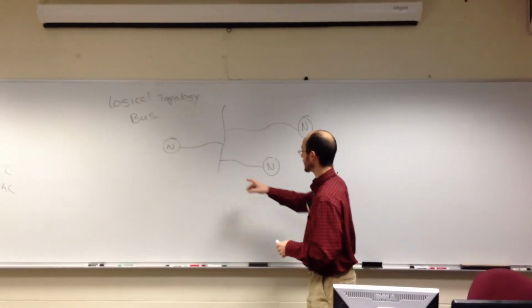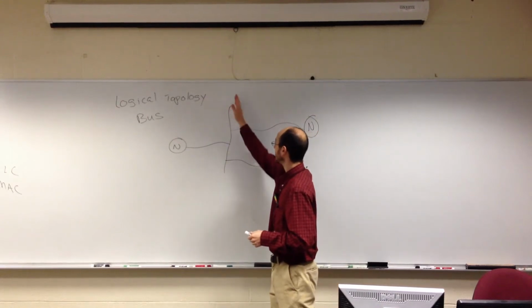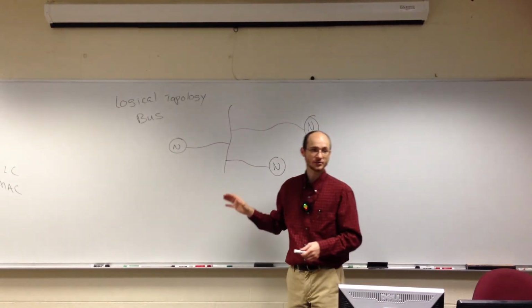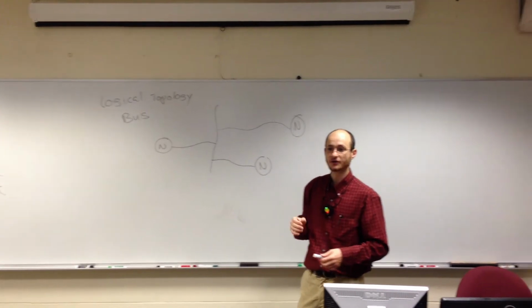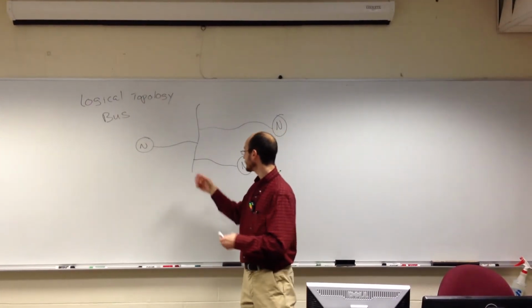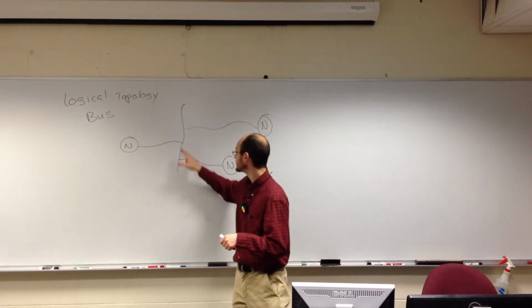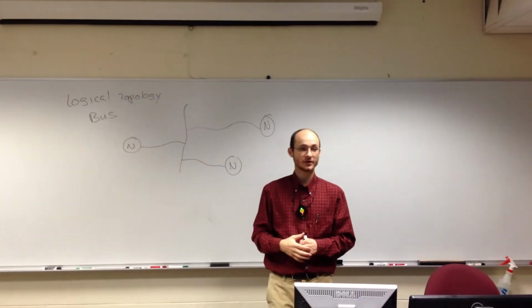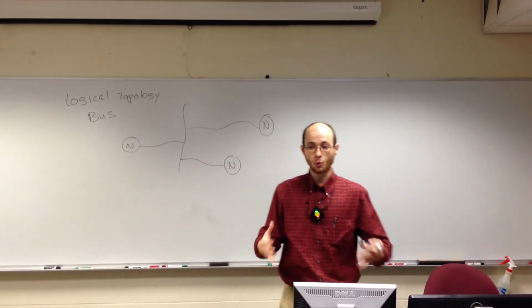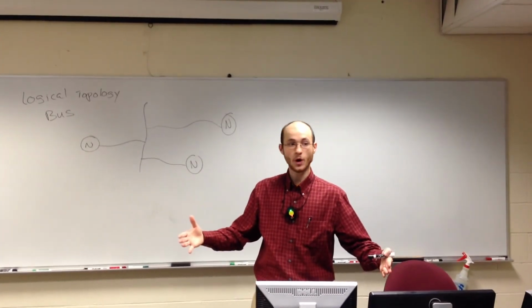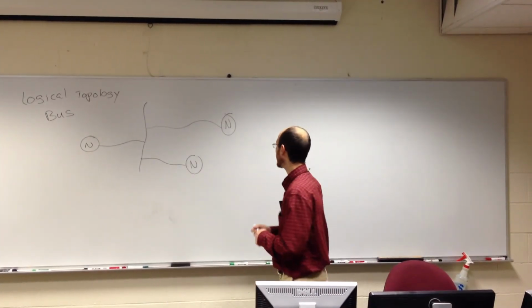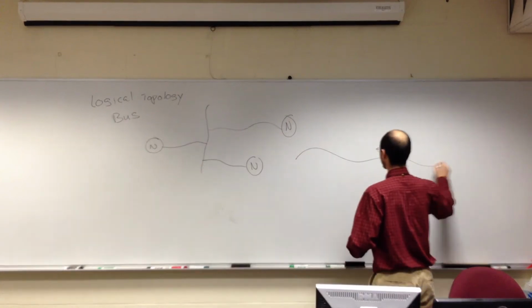The moral of the story, though, is if I had this main backbone made up of coax, which is what we used to do back in the day, we used to call these thick nets, and then I had little connectors, T connectors, that would tap into these, and that's what we call them, taps. They're basically all one copper wire. And the way we would draw that is simply like that.